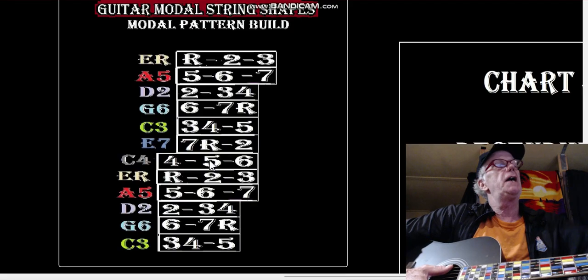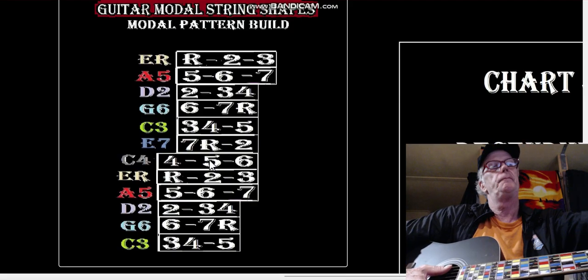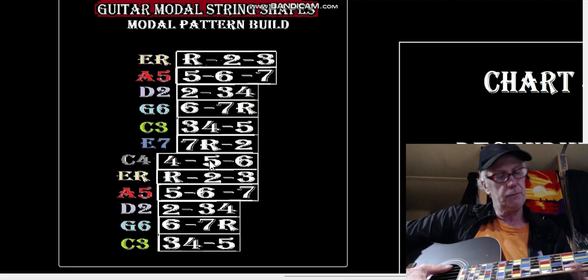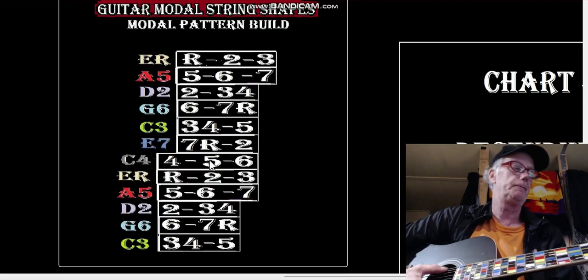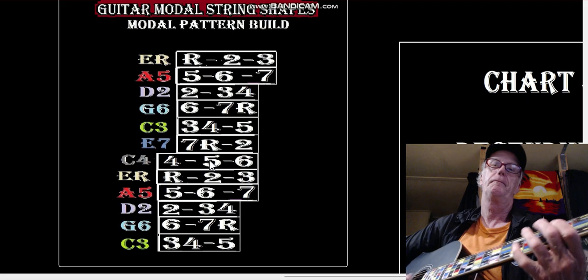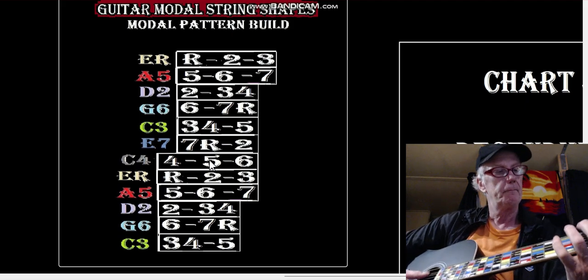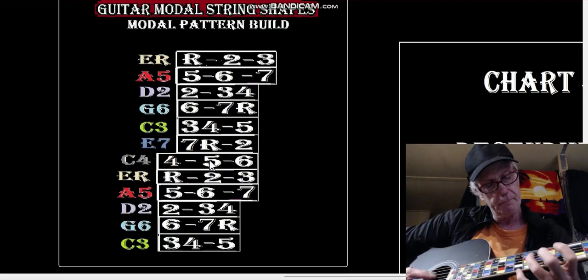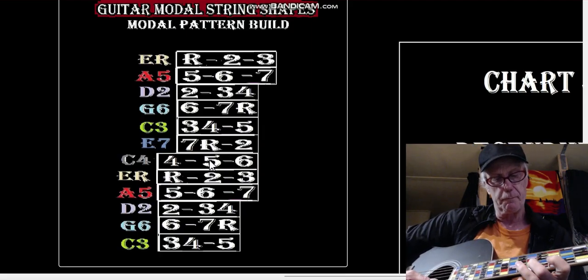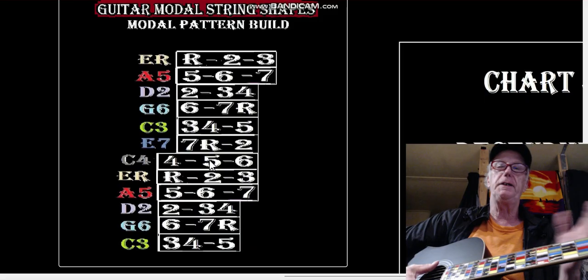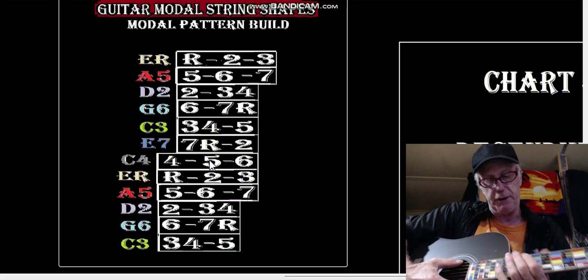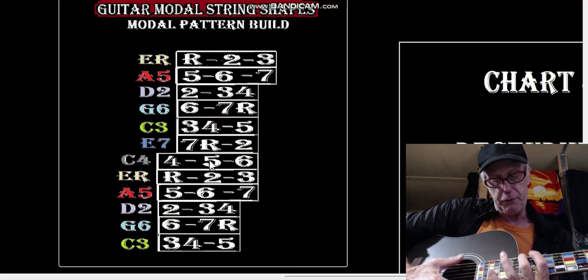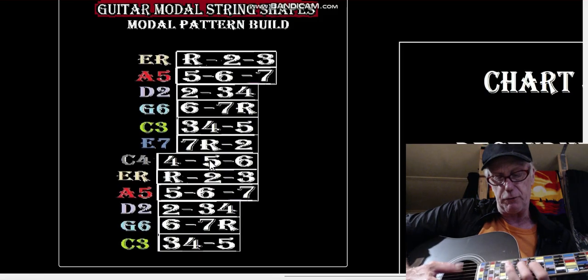We bring that down to its Ionian. Then we're going to play the root. Up here, root 2, 3, 4, 5, 6, 7, root 2.